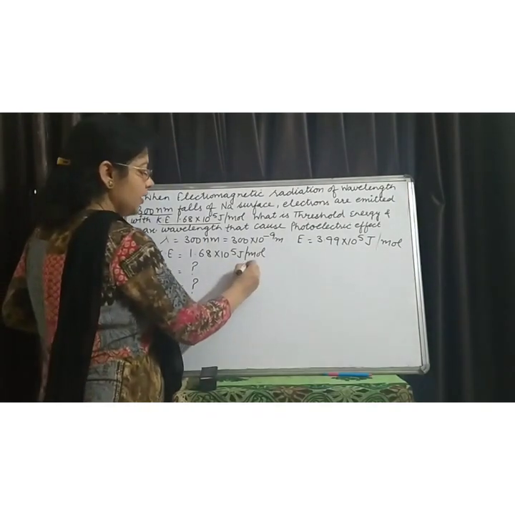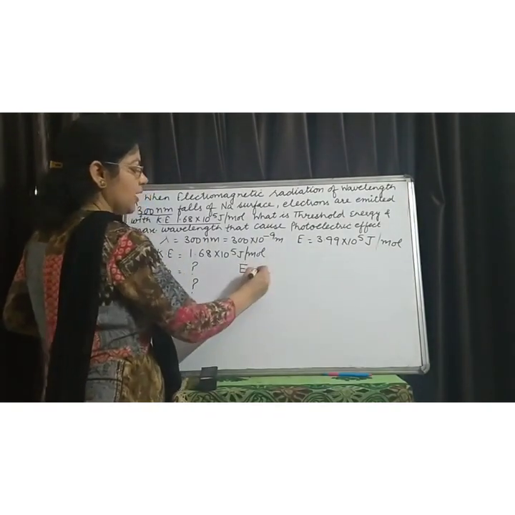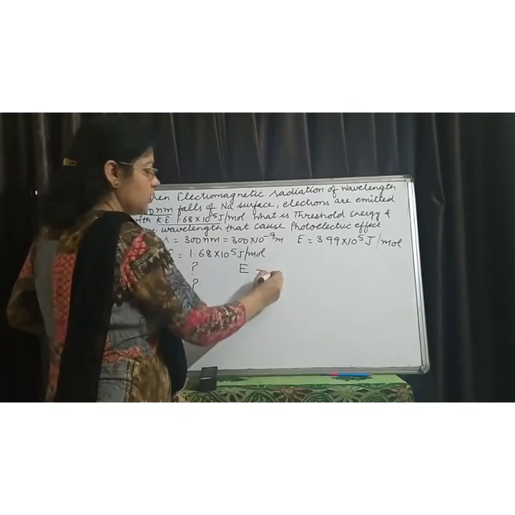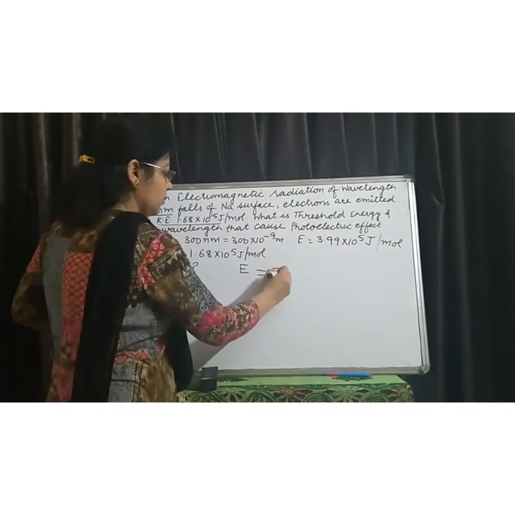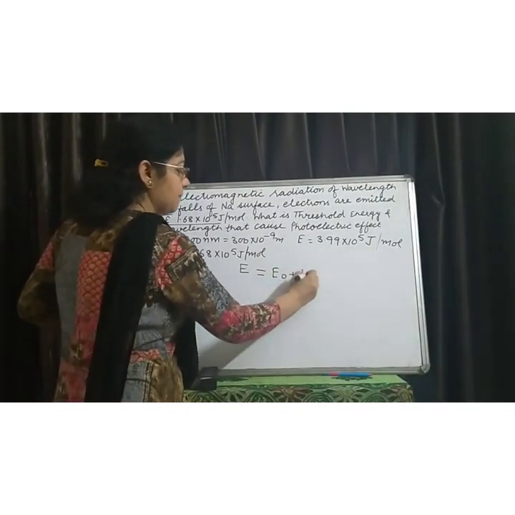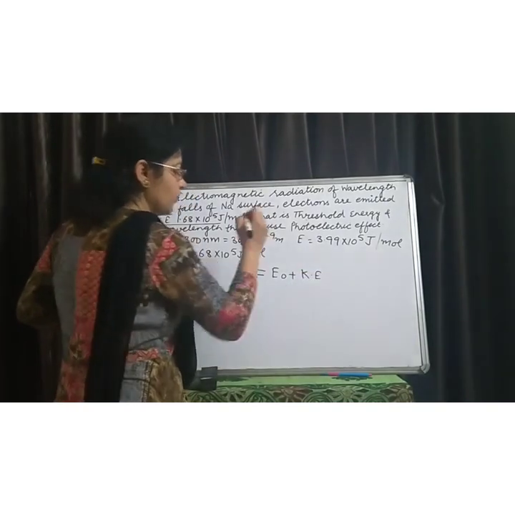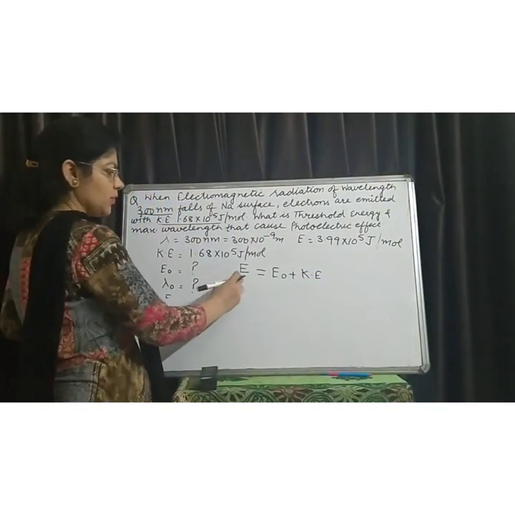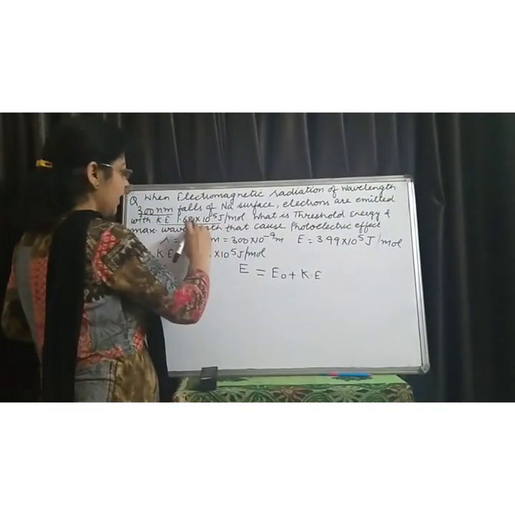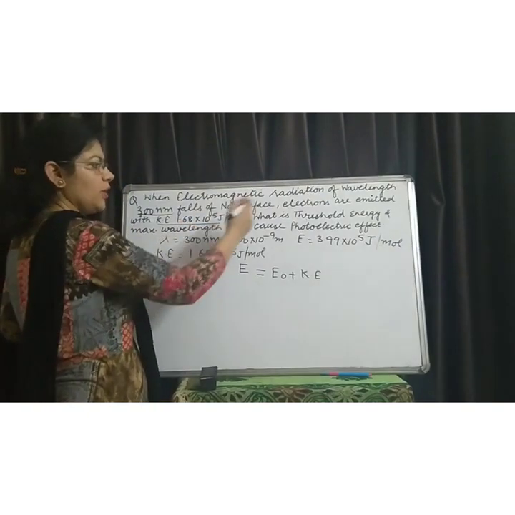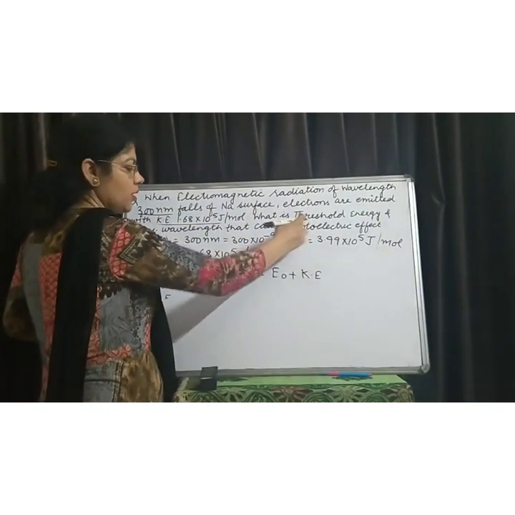From the photoelectric effect, we know that this total energy is equal to the threshold energy plus kinetic energy of the photoelectron. In this, kinetic energy is given to you and we have to calculate the threshold energy.